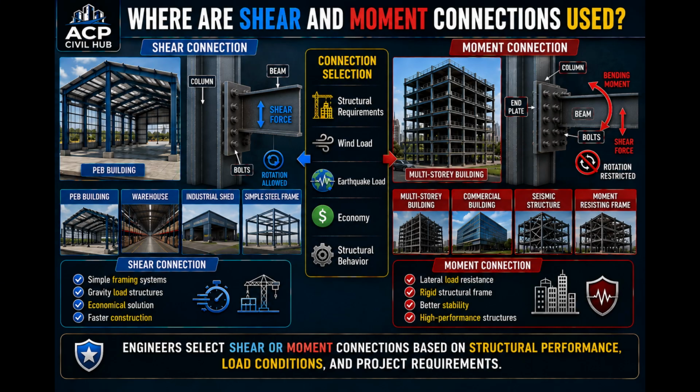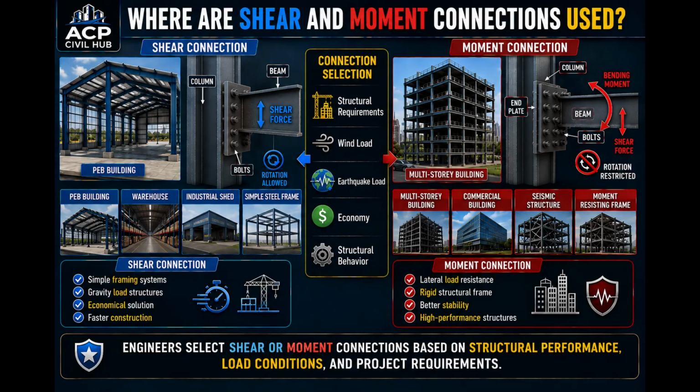Where are these connections commonly used? Shear connections are typically used in PEB buildings, warehouses, industrial sheds, and simple steel frames where gravity loads are the primary concern. Moment connections are commonly used in multi-story buildings, commercial structures, seismic-resistant frames, and projects requiring higher lateral load resistance.